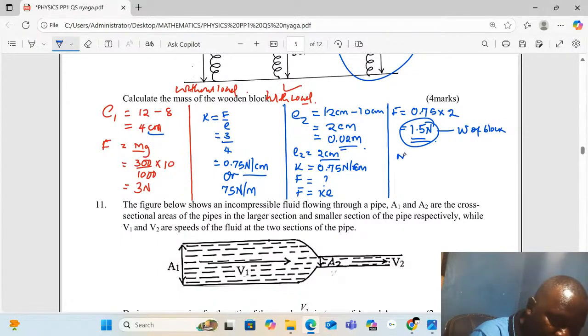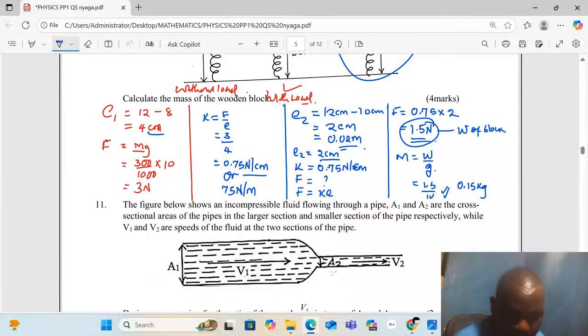So mass can be given by the weight divided by g, which will be 1.5 divided by 10. And this leads us to 0.15 kg, or multiplied by 1,000, 150 grams.